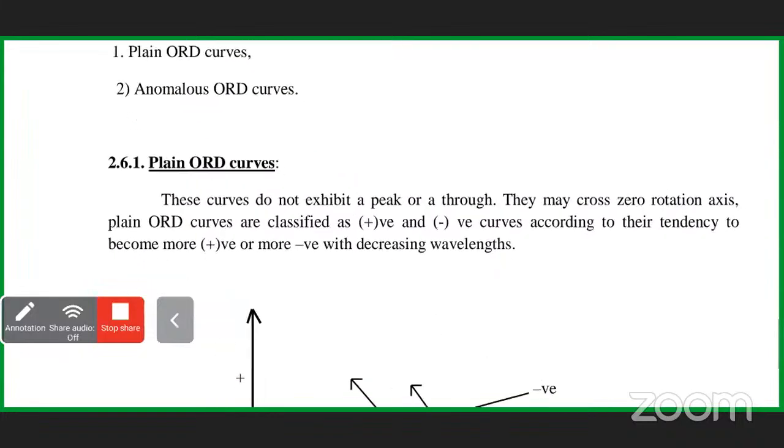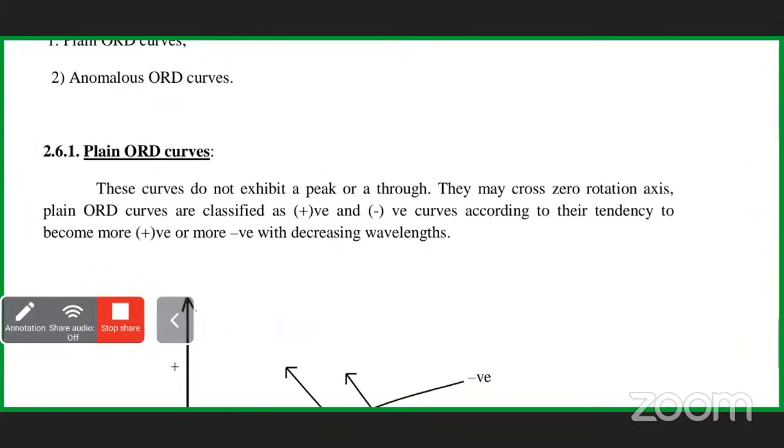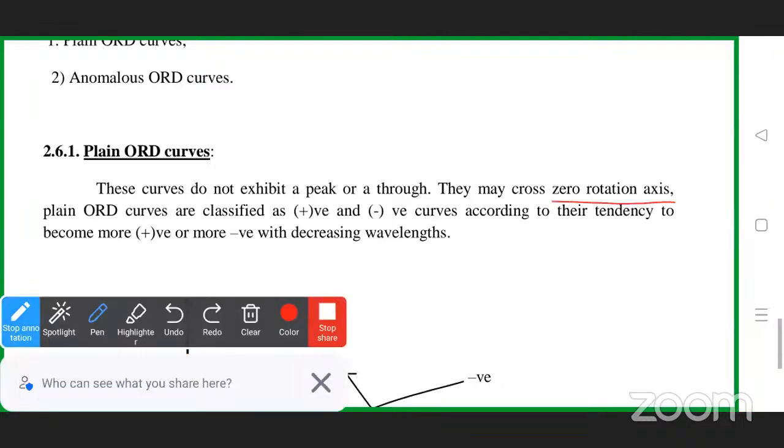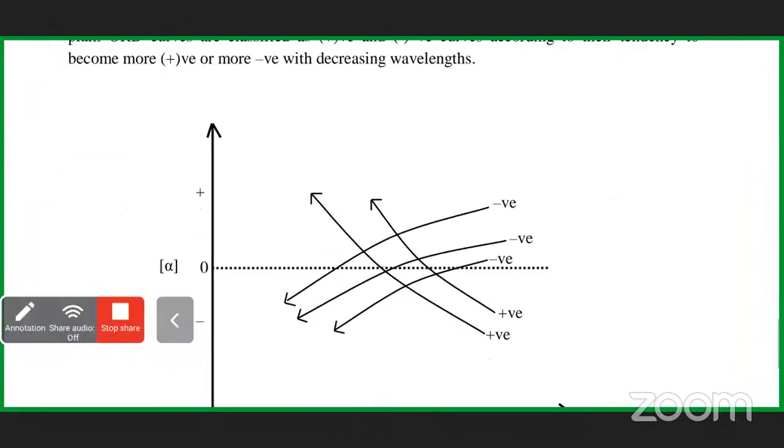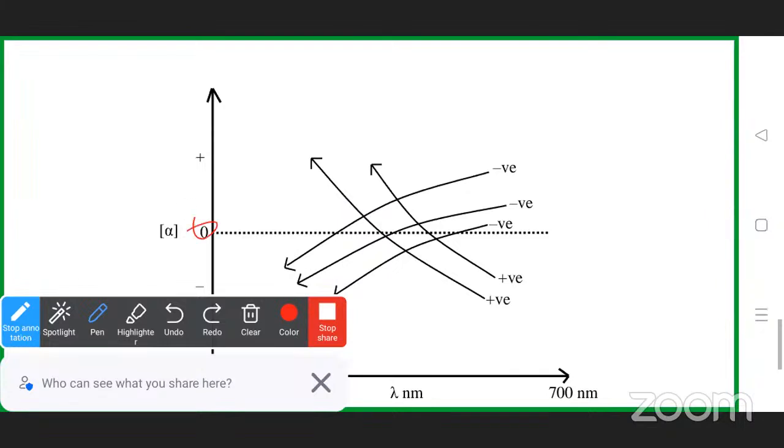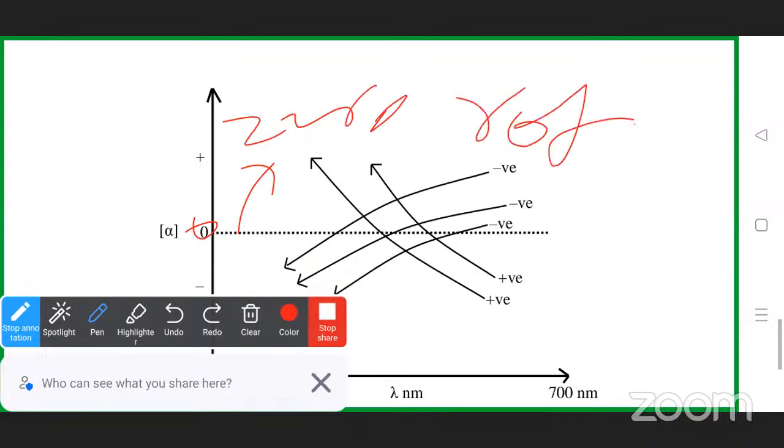We call this the zero rotation axis here. So this is your zero rotation axis, and some lines will be crossing it.